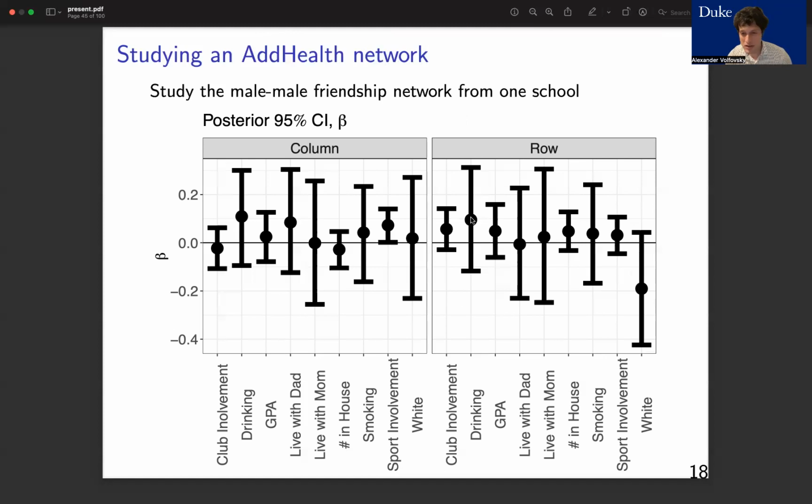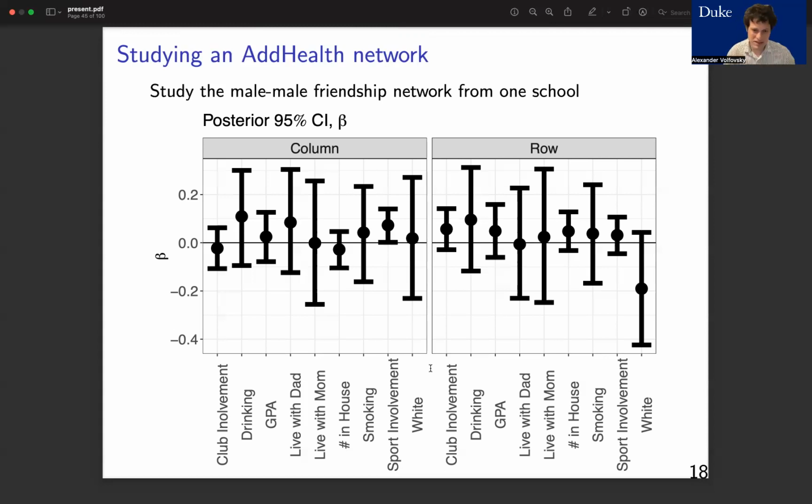But in general, it looks like there's not a lot of information in these covariates to predict whether or not individuals will be friends. Now, if that were truly the case, you could say, well, if I observe that there's a lot of smoking in this school and it doesn't really predict friendship, then I need to develop an anti-smoking intervention that equally disperses across the whole school.